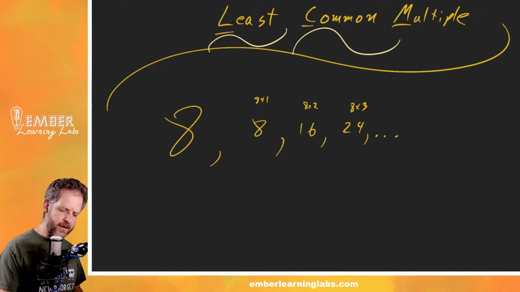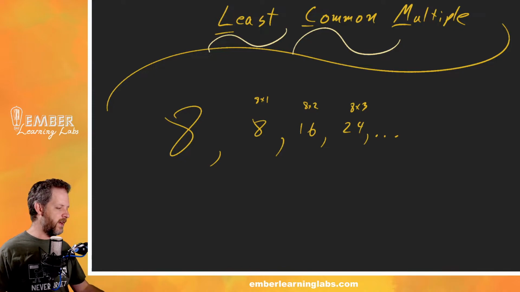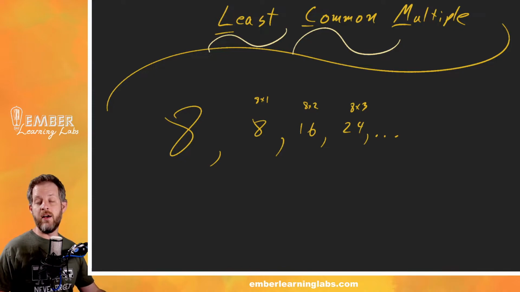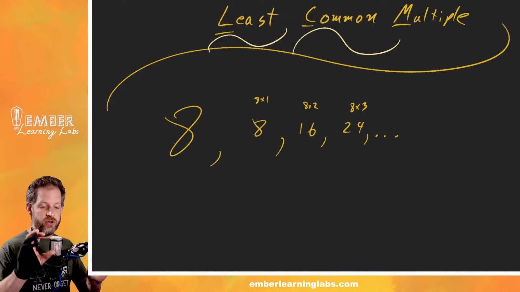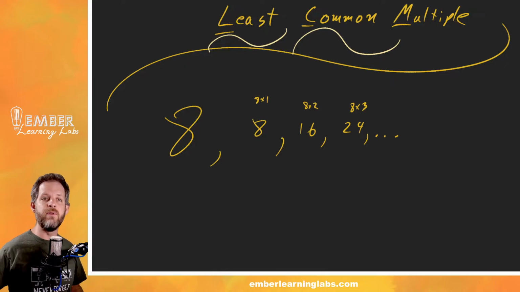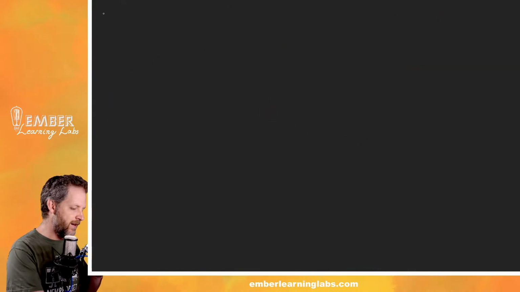But in this one, we'll look at the least common multiple between 3 numbers, and you can do it between any number of numbers. So we're trying to find the smallest number that's in common between 2 or more other numbers' multiples. Hence the title.